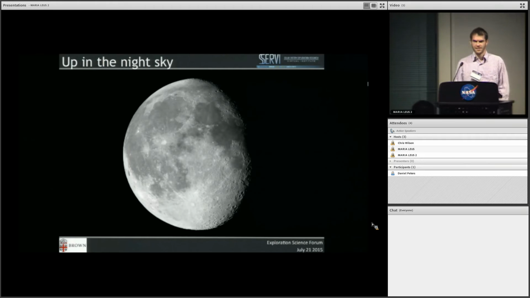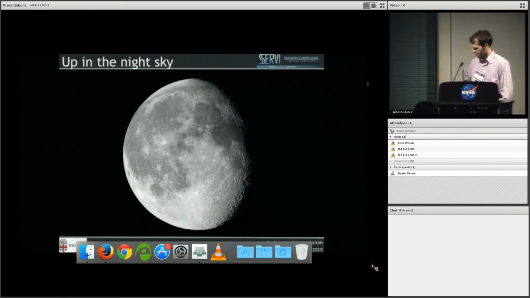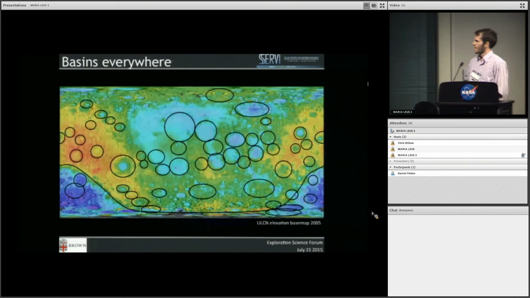When we look up in the night sky at the moon, it's very obvious that the moon has undergone intense bombardment over its history, with craters of varying sizes. If we look in more detail at the lunar surface, we can see that the moon is covered in roughly 40 to 50 lunar basins. These are impact craters greater than 300 kilometers in diameter.